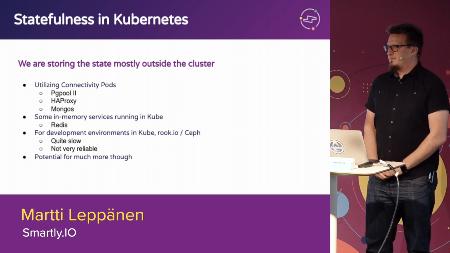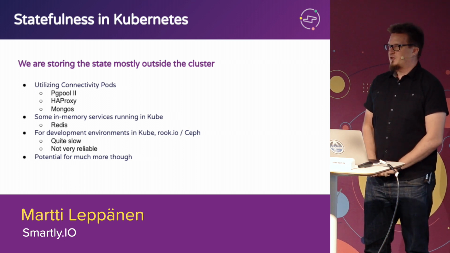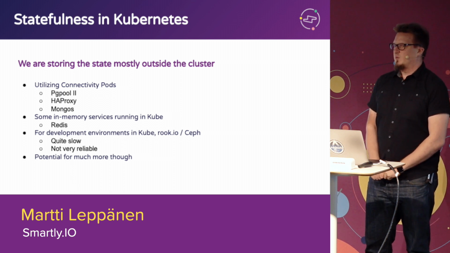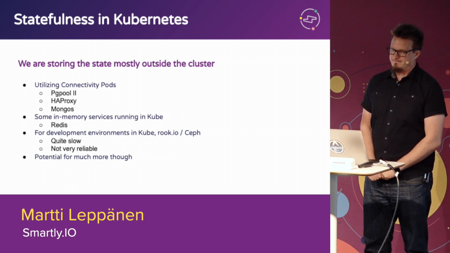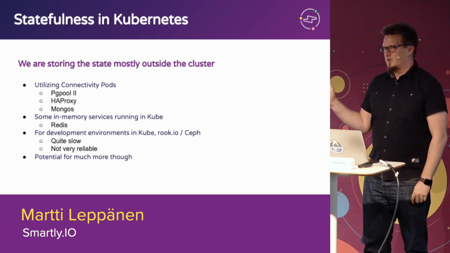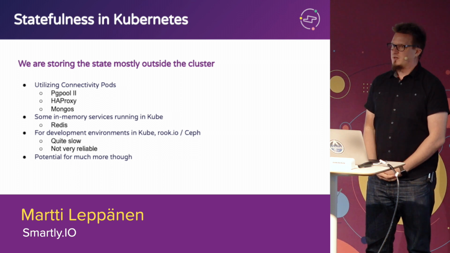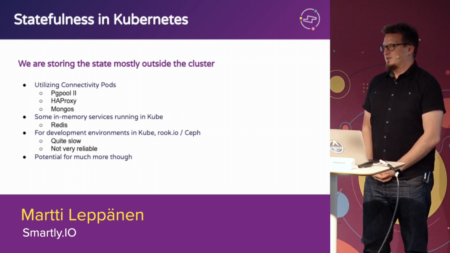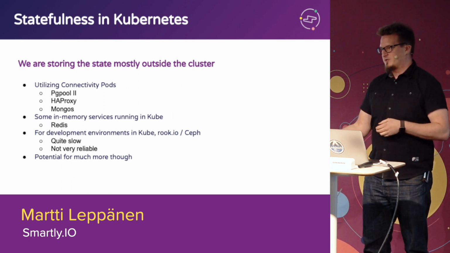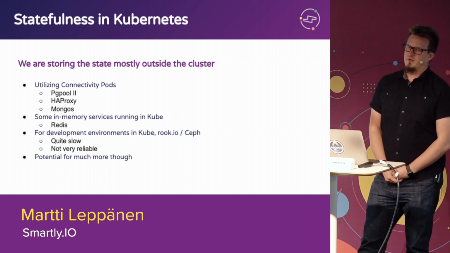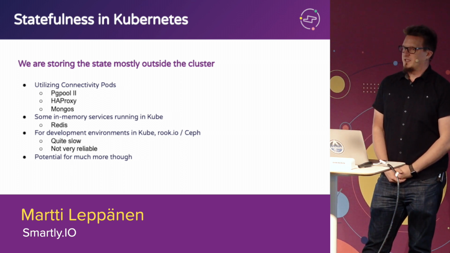We are running some in-memory services in Kube, which might not be advisable, but we've ended up doing it. With Redis, for example, we've run some 5-pod stateful sets, which are all in memory. They don't write anything to disk, but they do hold the state. So even if you upgrade a cluster or your node goes down, you still have 4 nodes left, and you have enough of a quorum for Redis to be able to copy its own memory and bring itself back up.